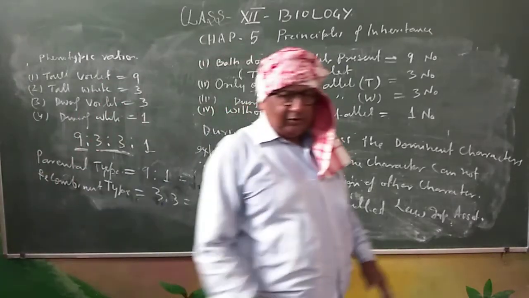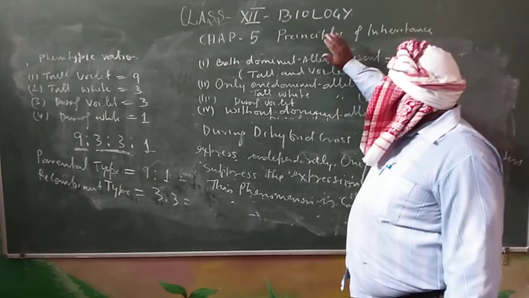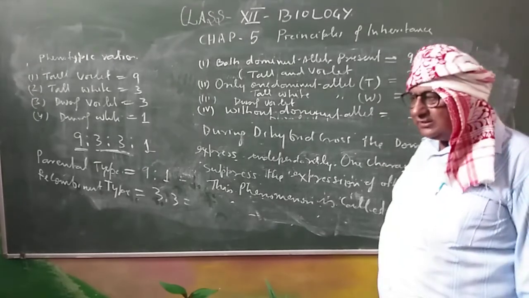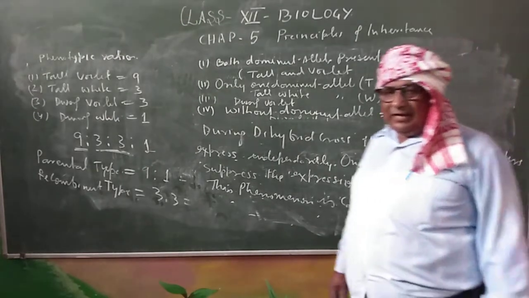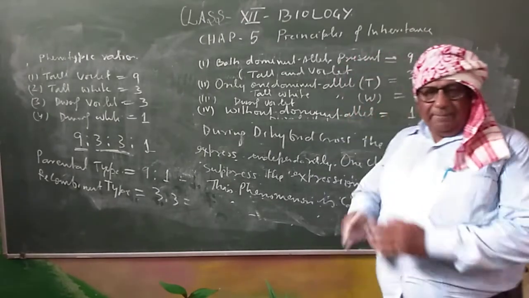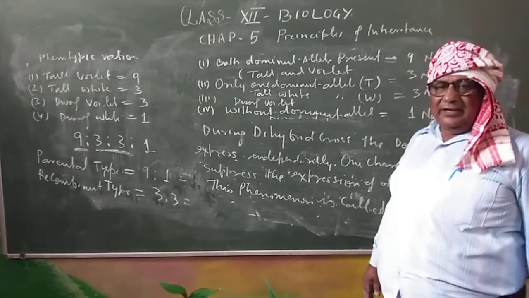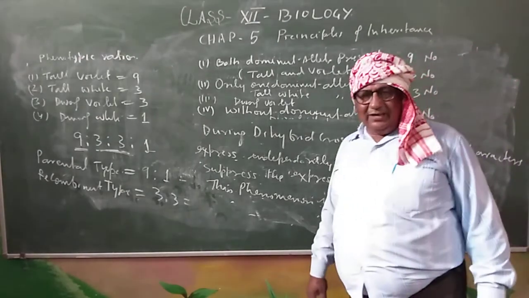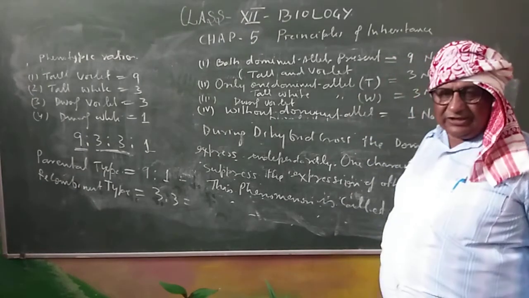So, we can conclude our talk in such a way that there are three principles of inheritance: the principle of dominance, the principle of segregation, and principle of independent assortment. Principle of dominance can be represented in the form of monohybrid cross, where we made monohybrid cross in my previous lecture.